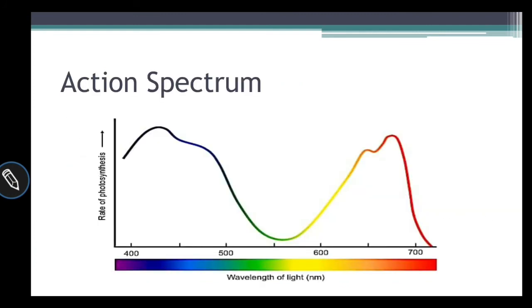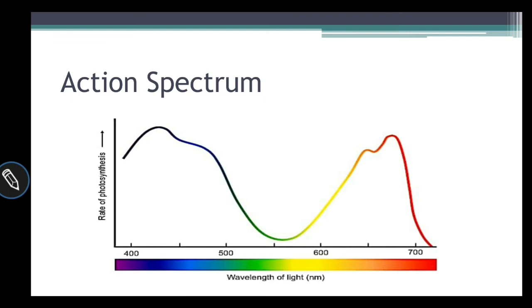So this is your action spectrum. This action spectrum helps us to learn the wavelength of light that triggers photosynthesis. Okay, means what action spectrum means? The wavelength of light that triggers photosynthesis. And this photosynthesis is always calculated by the amount of oxygen released or by the amount of carbon dioxide absorbed.